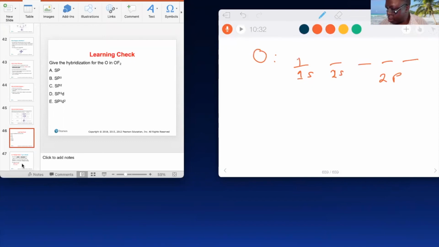So 1, 2, 3, 4, 5, 6, 7, 8. Eight electrons. First structure electron configuration for oxygen.